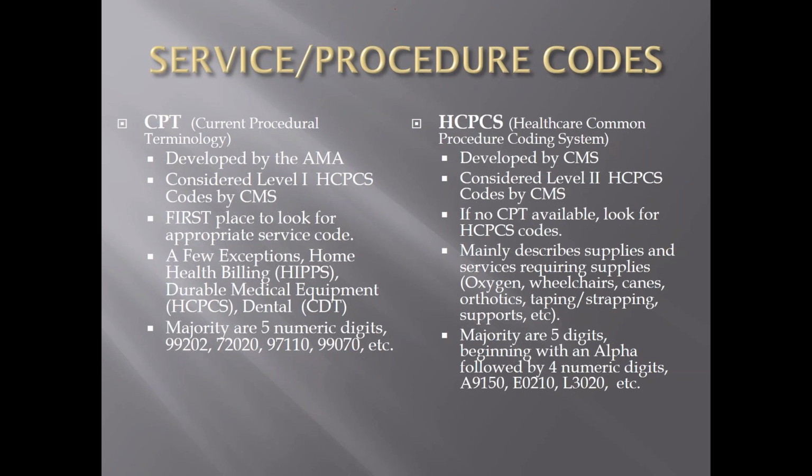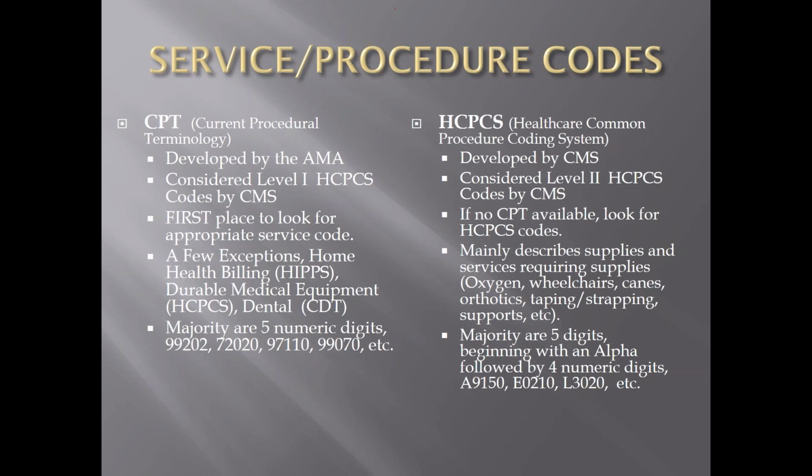We have the service and procedure codes, and the two code sets that you're going to be working out of are going to be the CPT code book, which stands for Current Procedural Terminology, and CPT is really going to be the first place that you go to look for an appropriate service code. There are some exceptions.